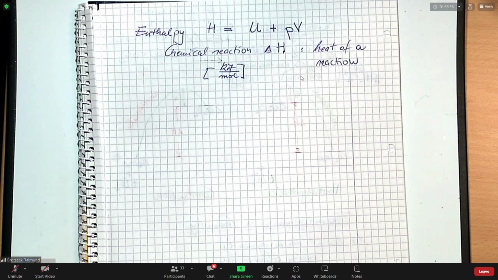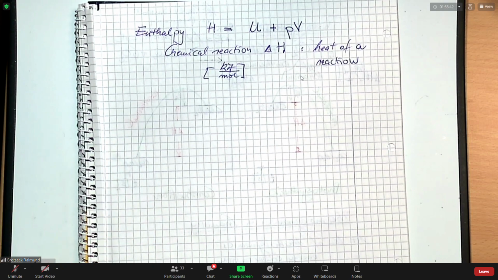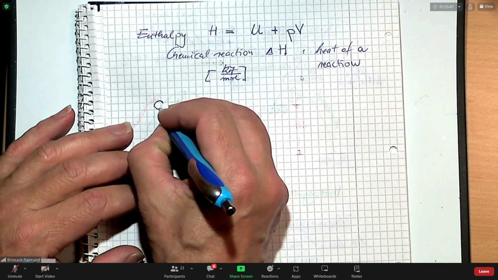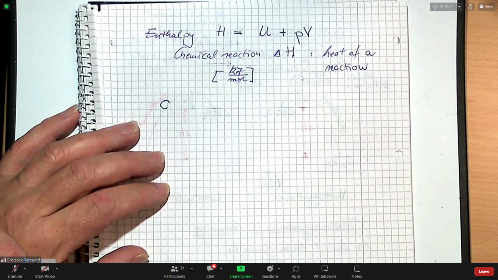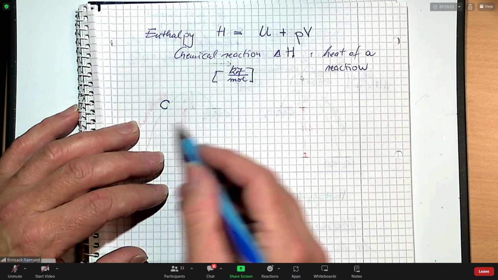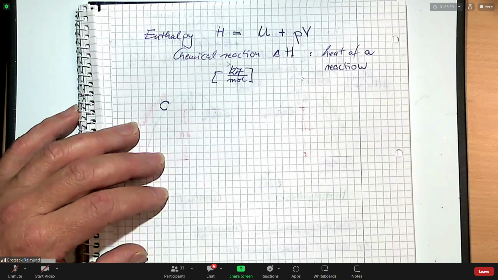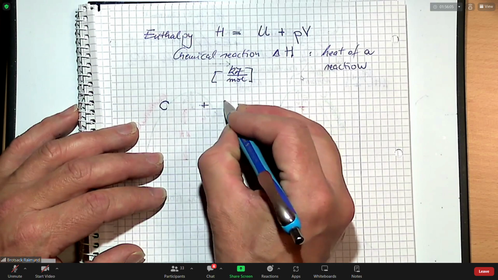So, a little example. When we burn pure carbon, so we look at the combustion of pure carbon. What happens when we burn pure carbon? Think about the chemical equation for this process. Combustion, oxygen, we need oxygen here.